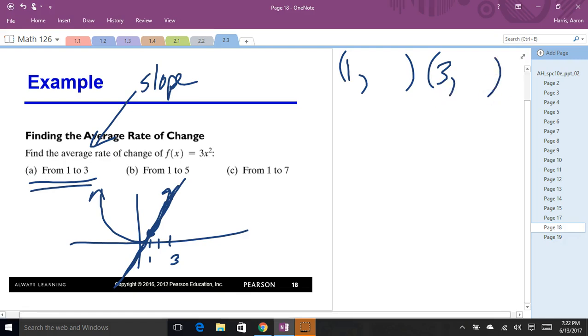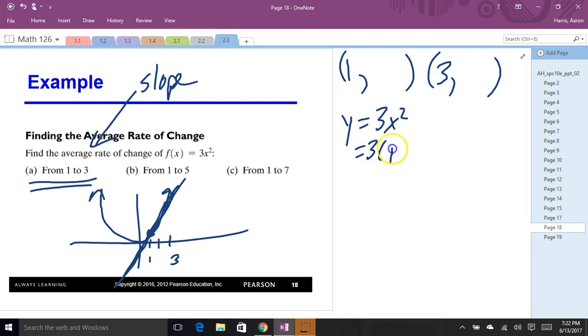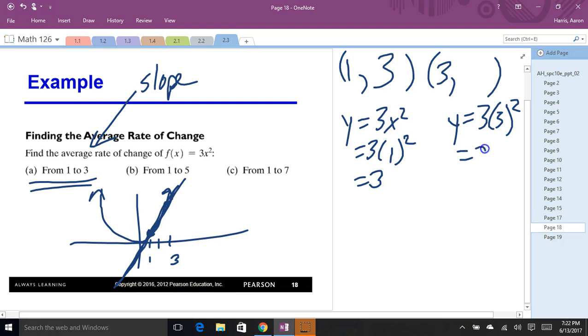So what's the y? Well, you plug the 1 in. So you've got y equals 3x squared. Plug the 1 in, and you've got 3. So 1, 3. Now plug the 3 in. It looks like you got 9 times 3, you got 27. Okay.